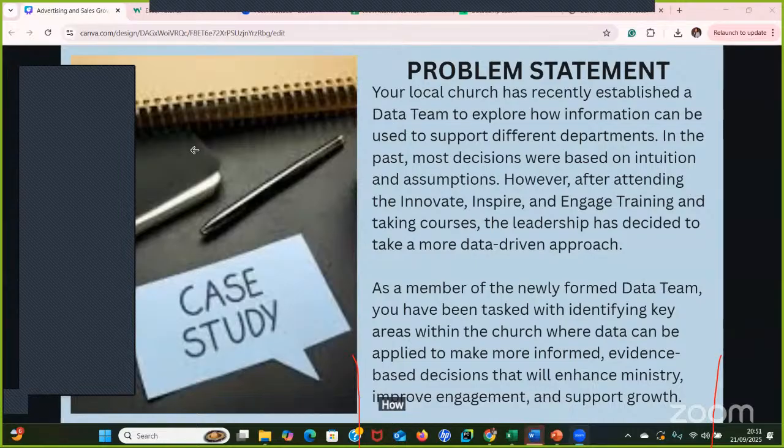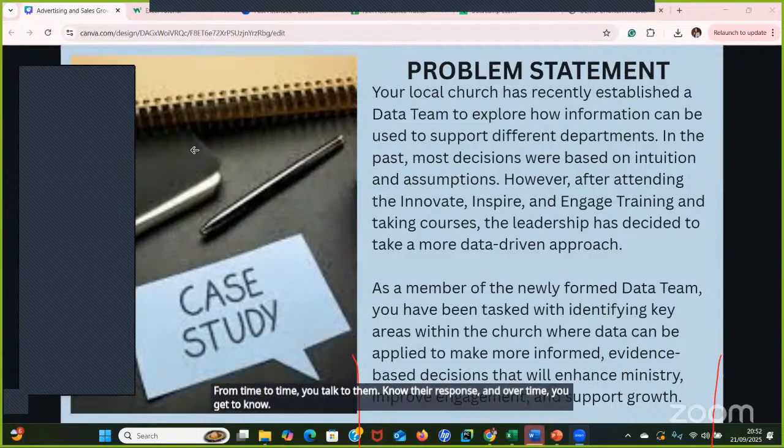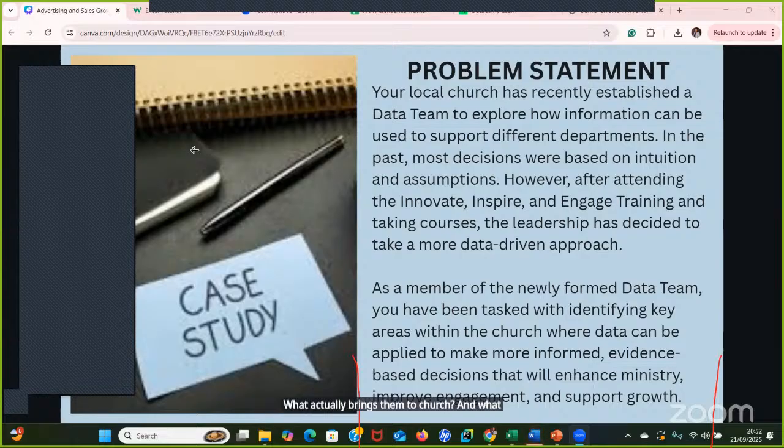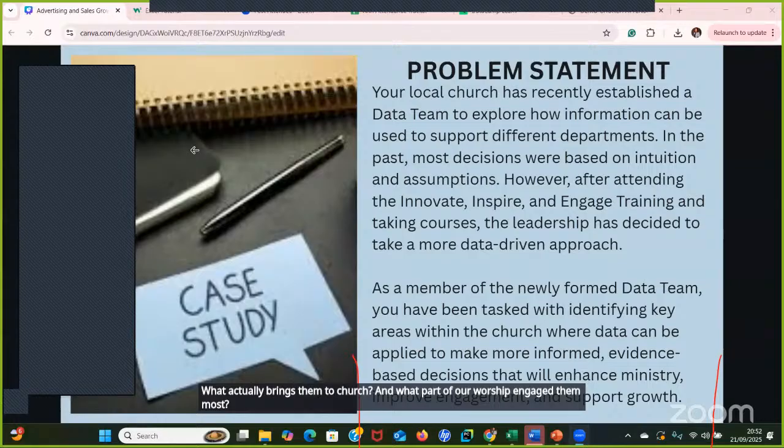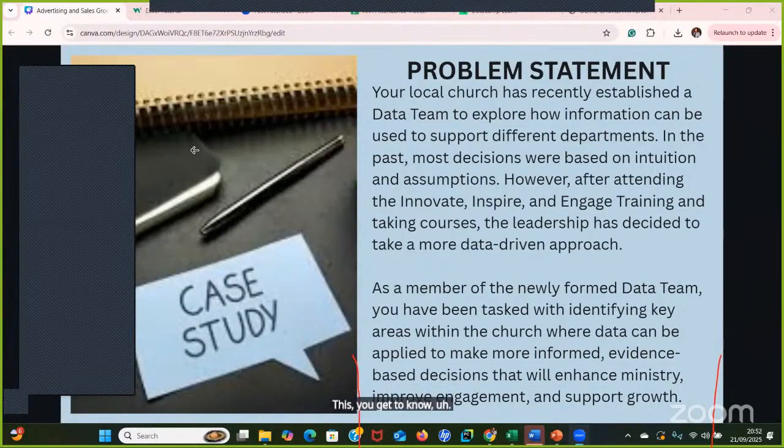How do you get their data in check so that from time to time you talk to them, know their response, and over time you get to know what actually brings them to church and what part of our worship engaged them most? At least you get to know what entices them in our worships.